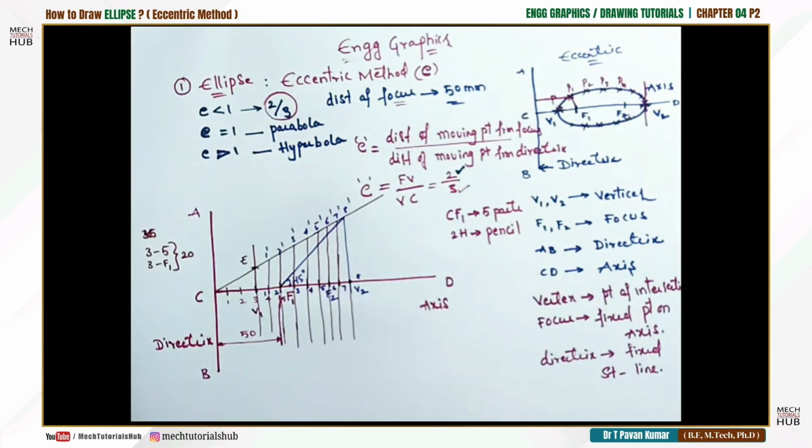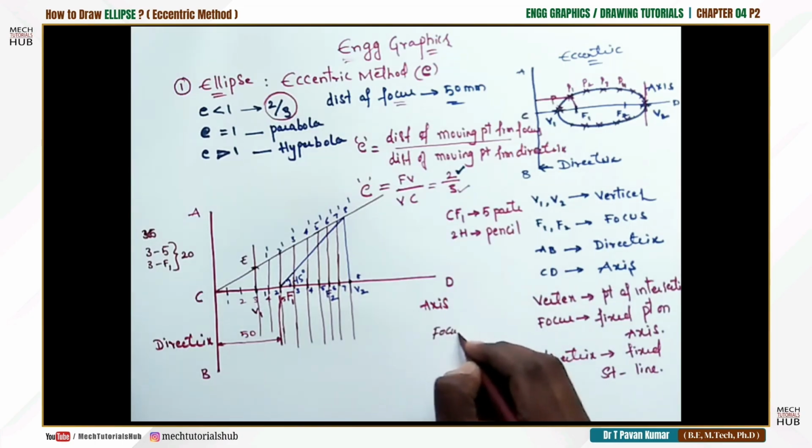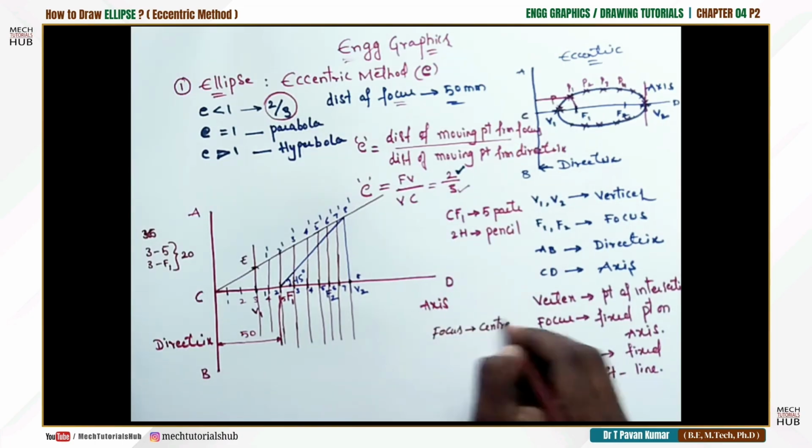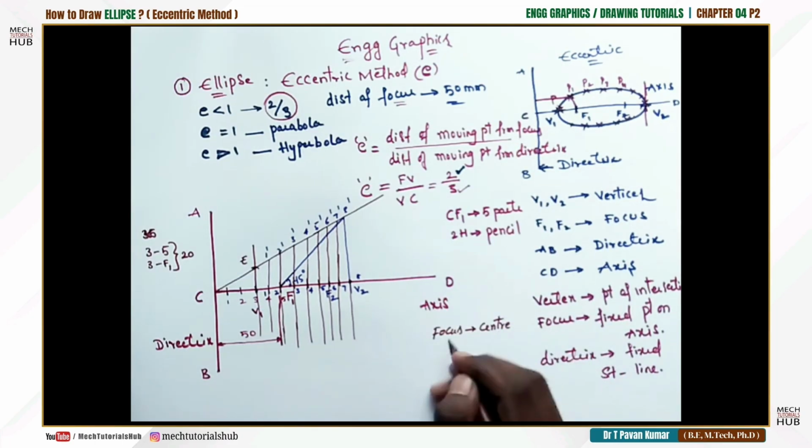Once you construct this whole process, the simple thing is the focus always acts as the center, and the radii will keep on changing. What is the radius going to be? 1 prime, 2 prime, and so on up to 8 prime. The center will remain the same.